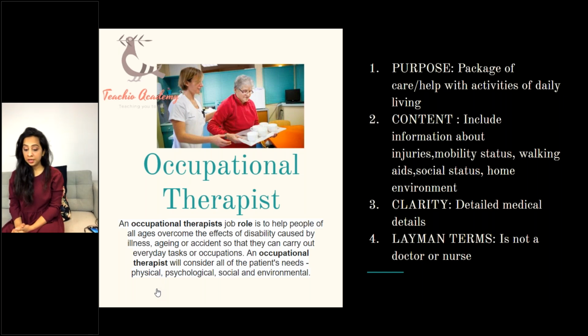An occupational therapist will consider all aspects of a patient's needs, including physical, psychological, social, and environmental. What that means is that the occupational therapist is basically someone who is going to be helping a patient regain their pre-morbid status. So when someone falls ill or has an injury, they might lose function.